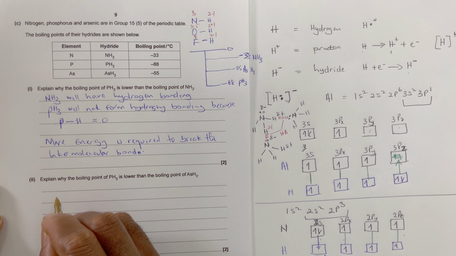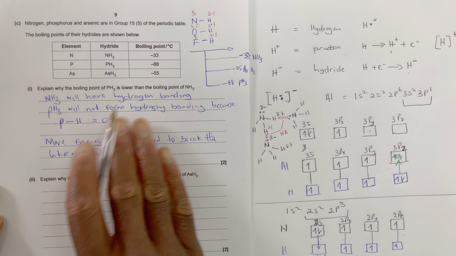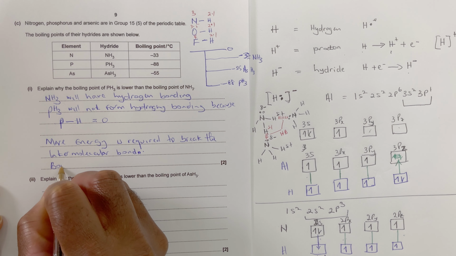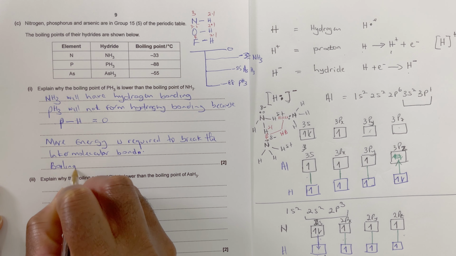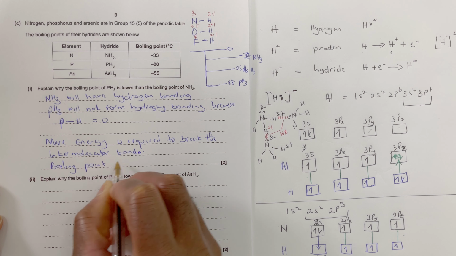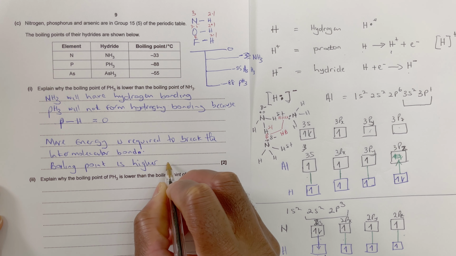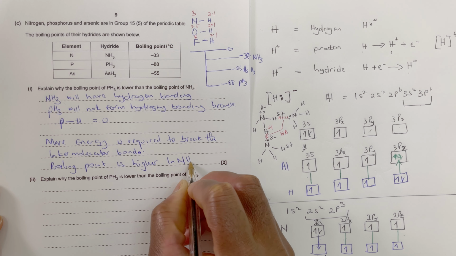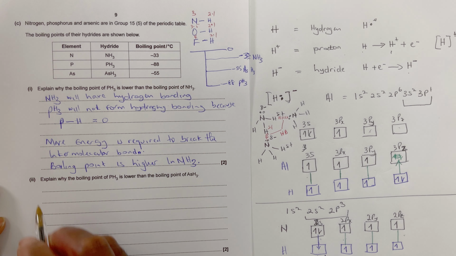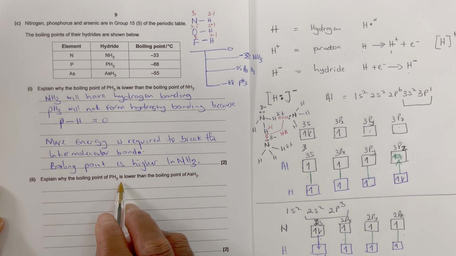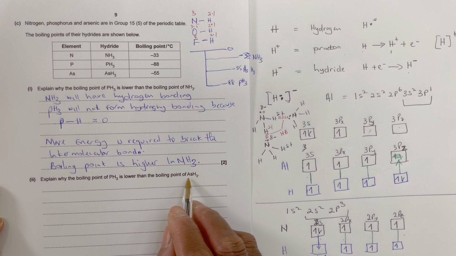That's why it increases the boiling point of ammonia, hence the boiling point is higher in NH3. Now, explain why the boiling point of PH3 is lower than the boiling point of arsine.